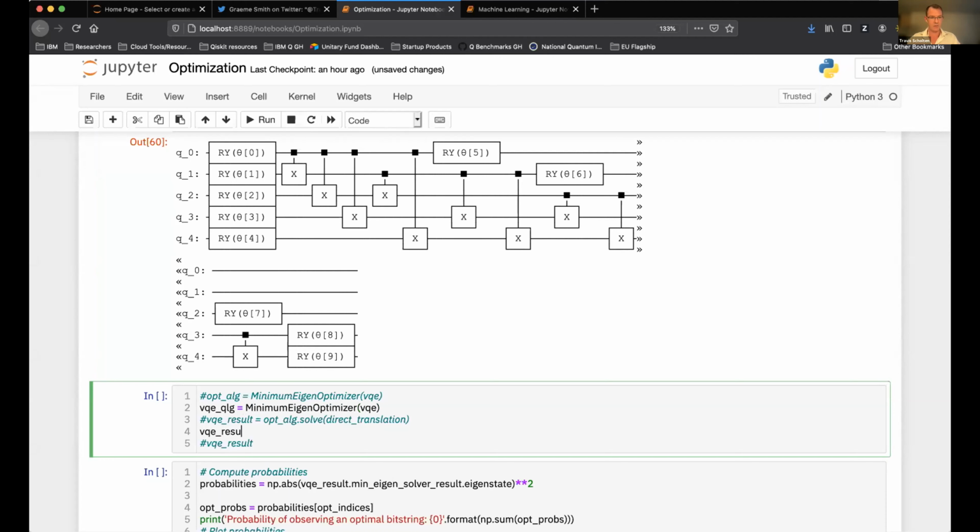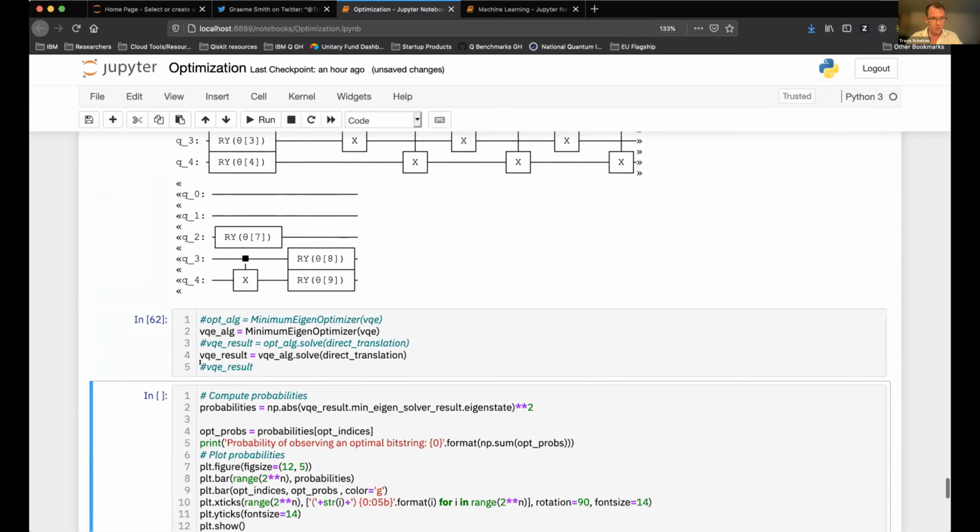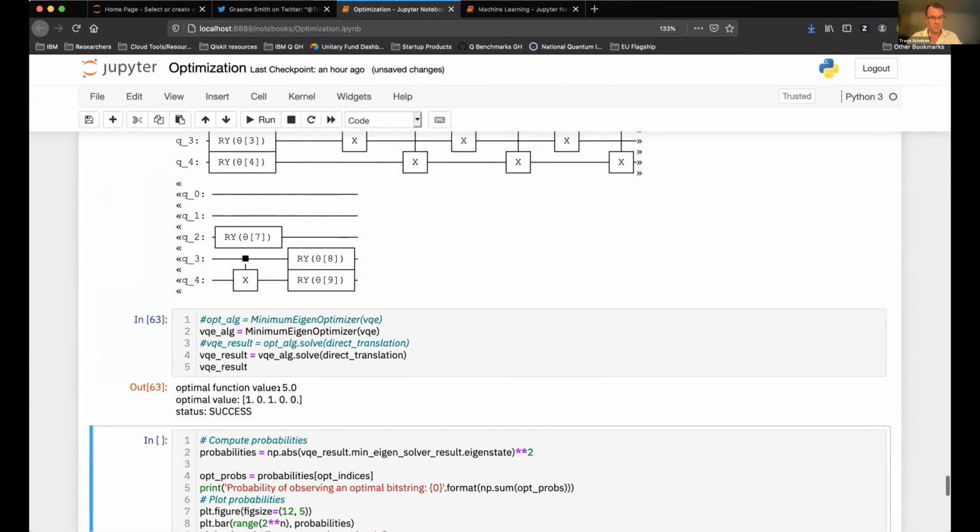And then we get a result, right? vqe_alg.solve, direct translation. Oh, oops, I made a typo there. Okay, cool. And now we're going to go ahead and inspect this result. Okay, cool. So this also worked. I mean, it's only 5 qubits. That's an encouraging thing.